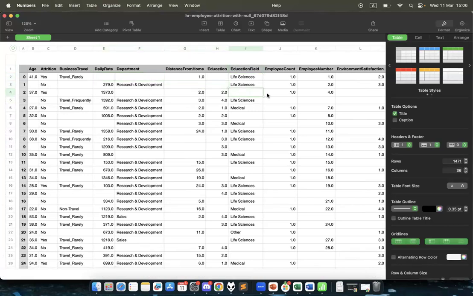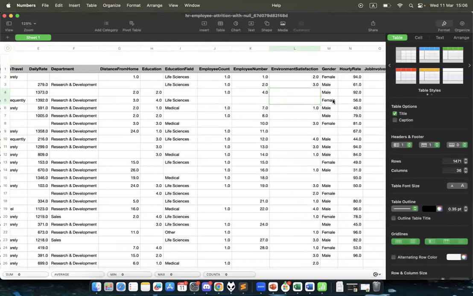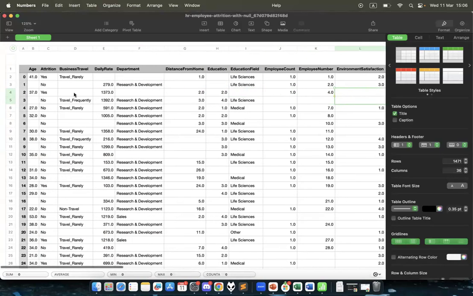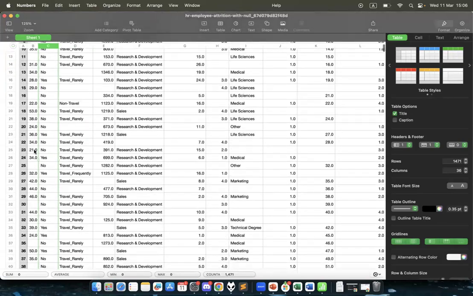There are some missing values in the data. Your goal is to predict this column from this data set.